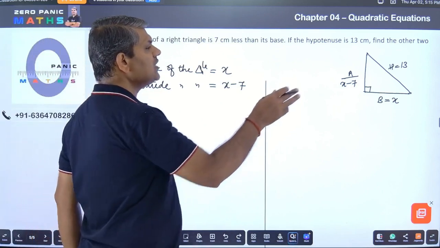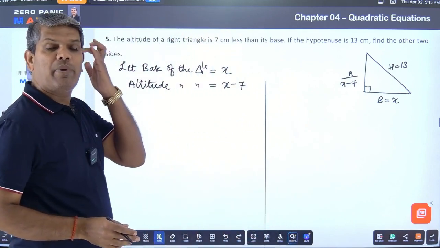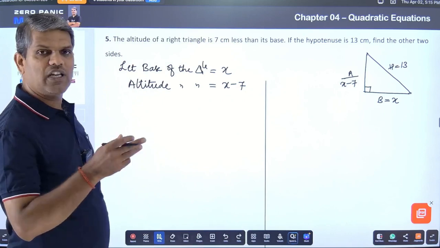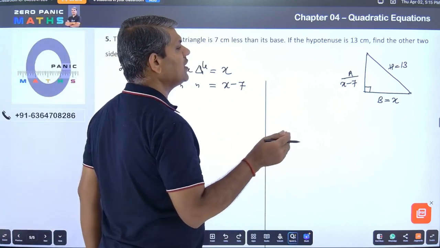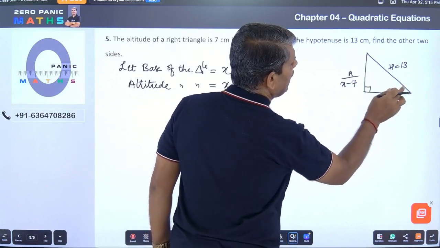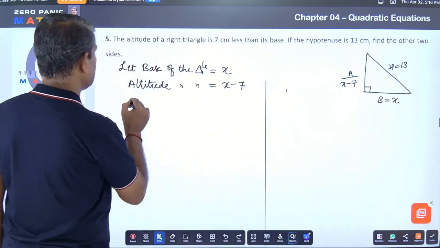Since it is a right angle triangle, we can apply the Pythagoras theorem. You have studied Pythagoras theorem in your previous years, either in 8 or 9. The hypotenuse square is equal to base square plus altitude square. Let me write it here.